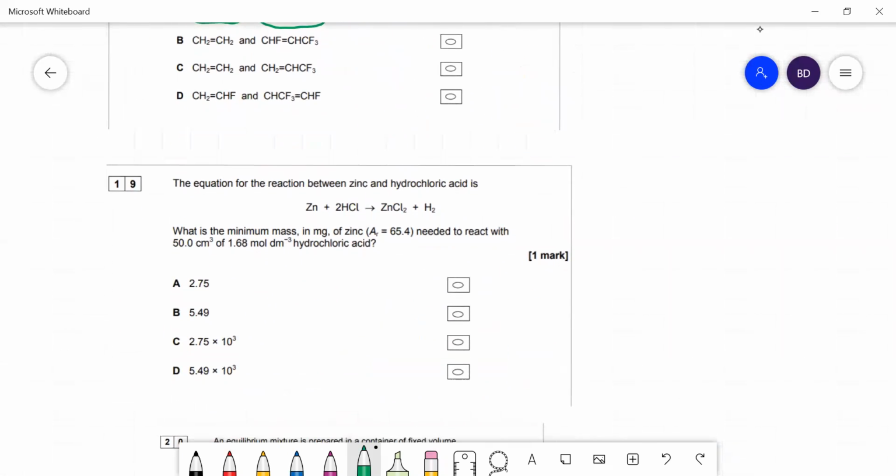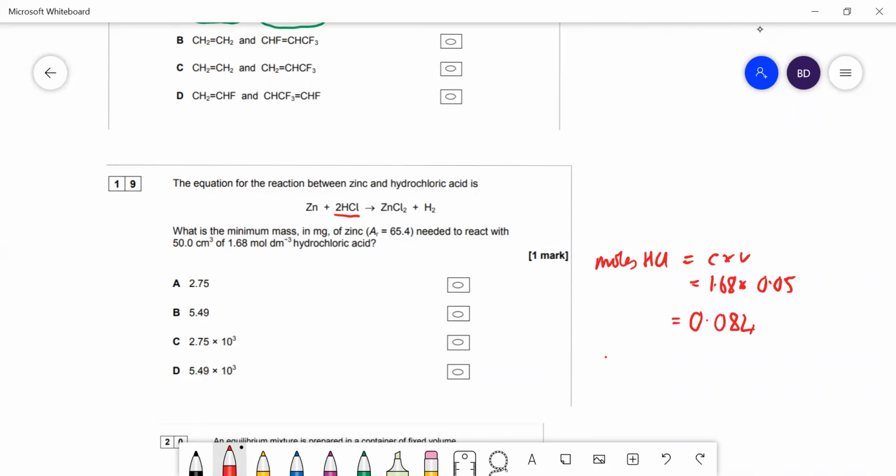Right, an equation for zinc and hydrochloric acid. Minimum mass of zinc needed to react with that much hydrochloric acid. Well, we need to know the equation. Oh, we got it there. So we need 2 moles of hydrochloric acid for every 1 mole of zinc. Moles of HCl is concentration times volume, 1.68 times 0.05 in dm cubed. That equals 0.084.